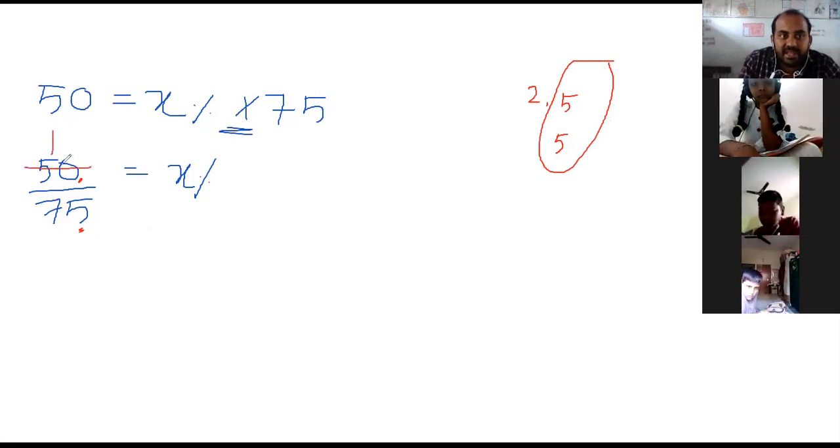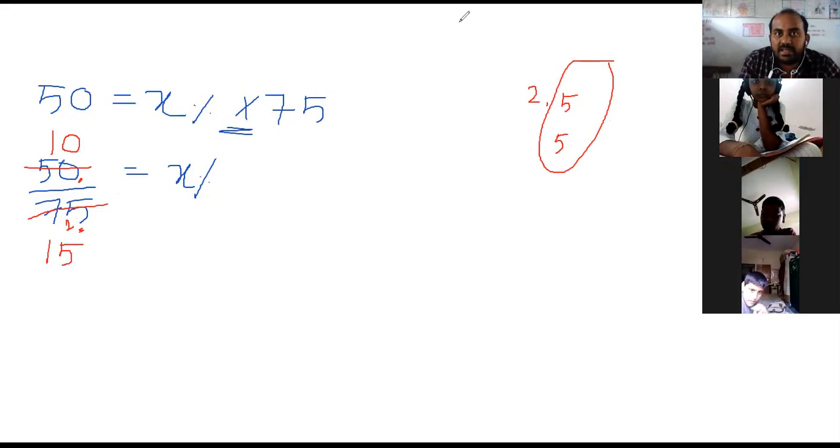5 ones are 5, remaining is 0. Write the 0 here. Then go for the denominator. 5 ones are 5. 7 minus 5 is how much? 2. Right, here 2. Now this number becomes 25. In the 5 table, where will 25 come? 5 fives are 25. Yes. And next, now the number is 10 and the denominator is 15.